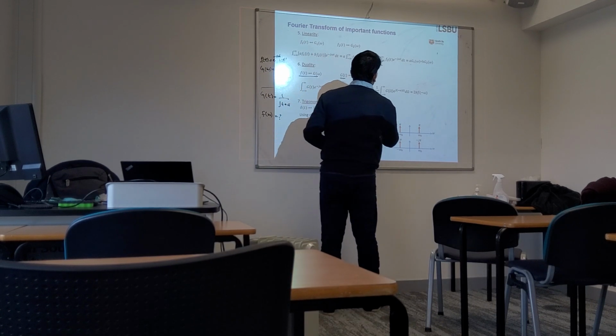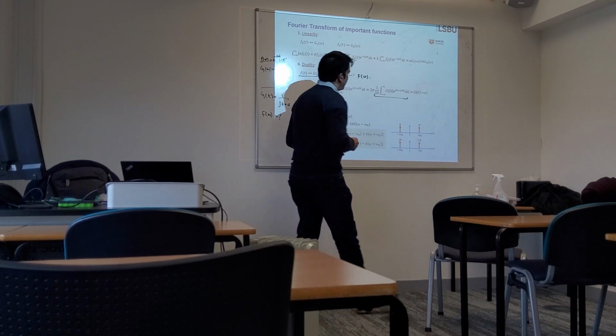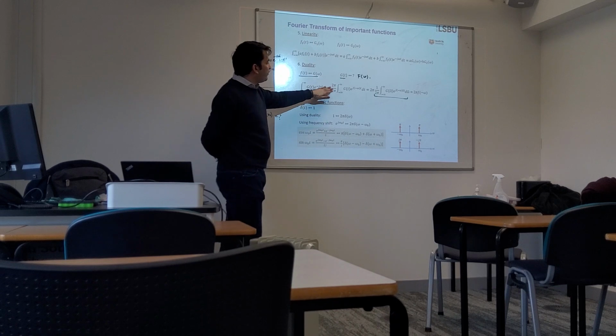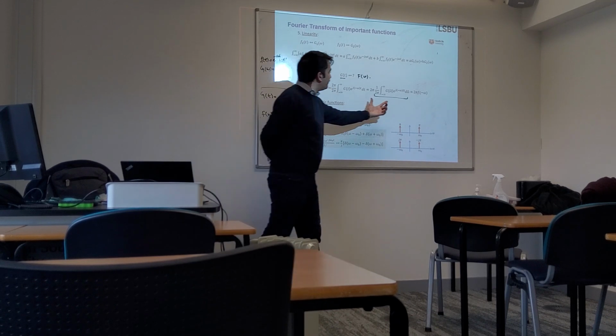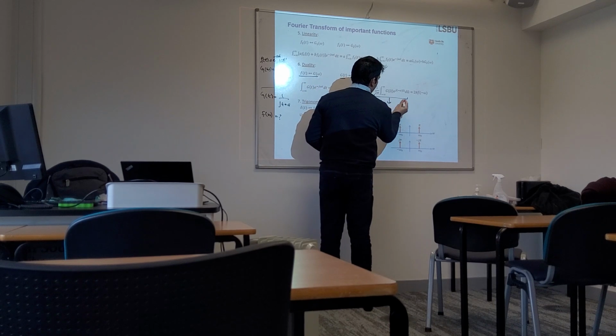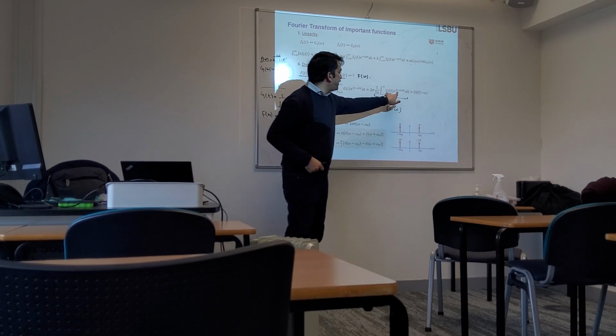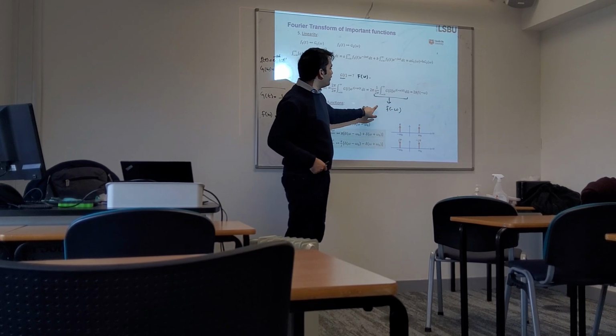Finally, if I multiply and divide by this, and finally get to this point, from here I get to know that this is f of omega, which is the Fourier transform, but with a minus sign. So we have a minus here and we also have a 2 pi here.